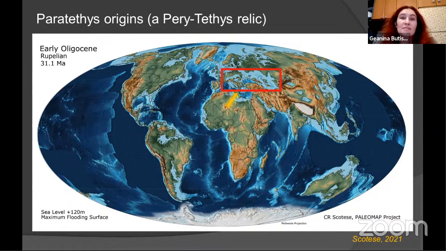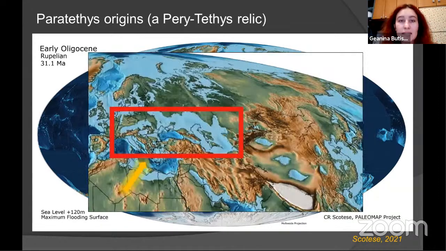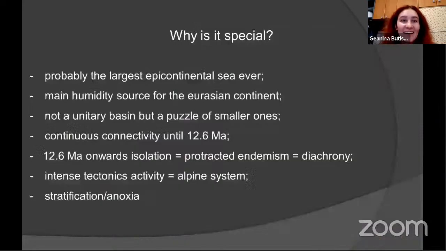So Paratethys is somehow connected with the history of the Alpine orogeny, and in fact it was not a unitary basin, but a sort of puzzle of multiple basins that were in the end stuck in between these tectonic blocks. If we look in detail, we will see how big it was. It was even bigger than the Roman Empire, as I like to say.